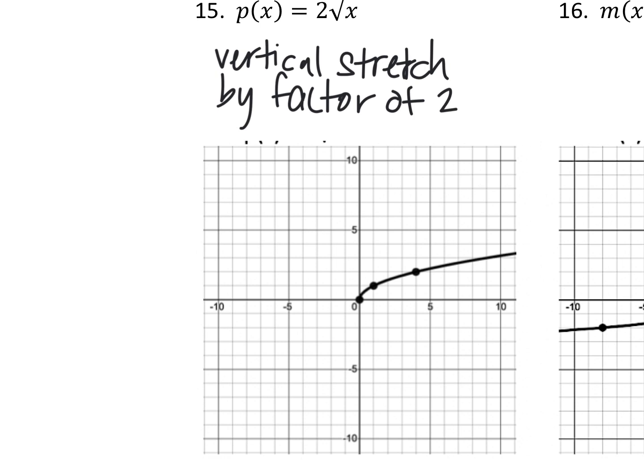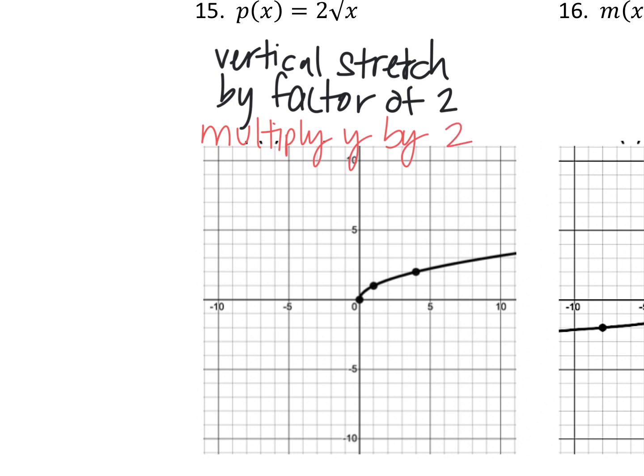What that means is you're going to multiply your y values by 2. This is something you've done before. Multiply y by 2 because it's vertical, and vertically we have the y values.